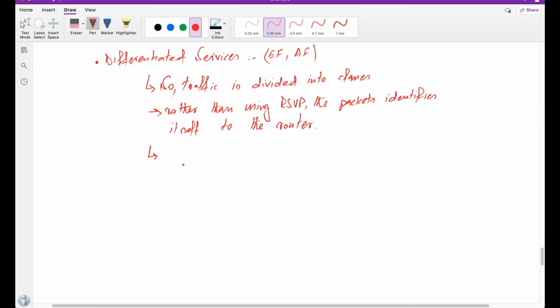This is done by using a bit in the packet header. If the bit is set, this means it's a premium packet.